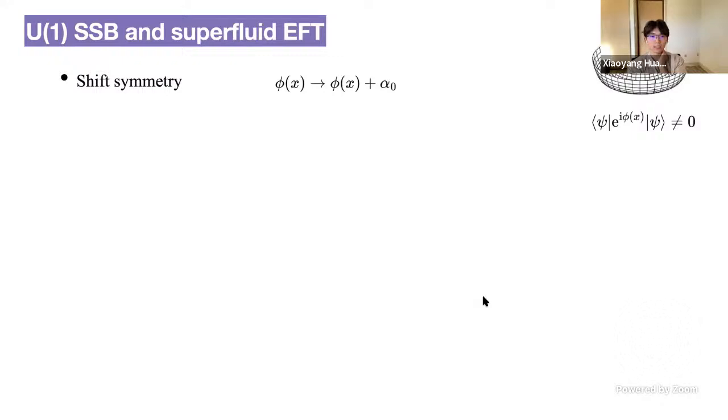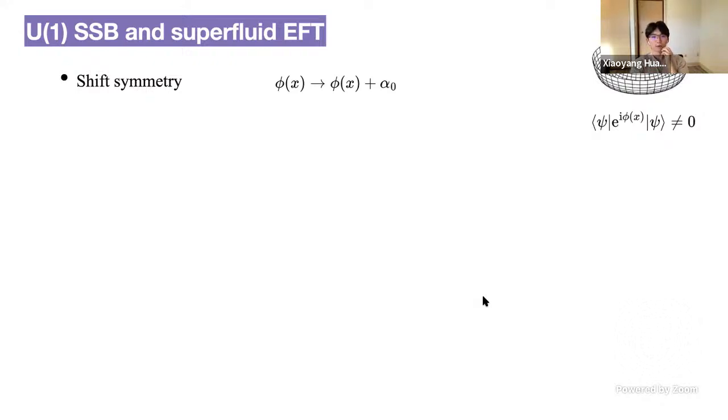So now let's take the phi field. Let's not exponentiate it, but just take it as a low energy degree of freedom. One caveat is that the phi field should be compact, like it has to be the same value plus 2 pi. But for our purpose, to describe the low energy theory deep in the superfluid phase, we can just neglect that fact.